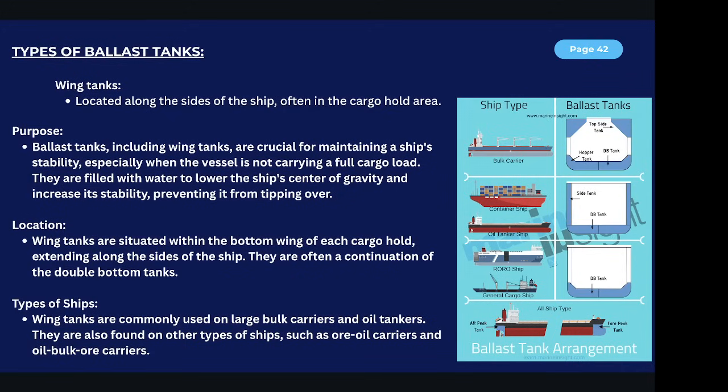Locations. The wing tanks are situated within the bottom wing of each cargo hold, extending along the sides of the ship. They are often a continuation of the double bottom tanks.